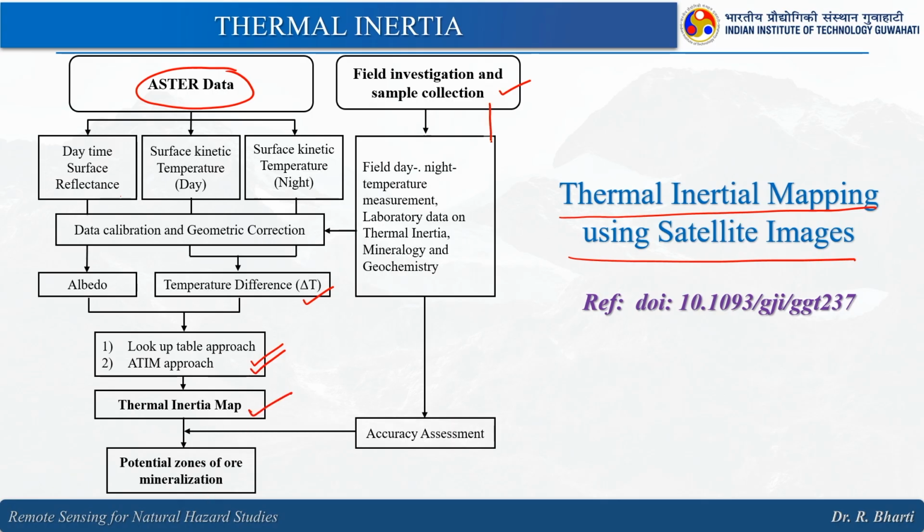At the same time, the field day night temperature measurements were carried out, laboratory data on thermal inertia, mineralogy and geochemistry were collected, and then we tried to correlate these two. We have used these two pieces of information together to identify the potential zones of ore mineralization.